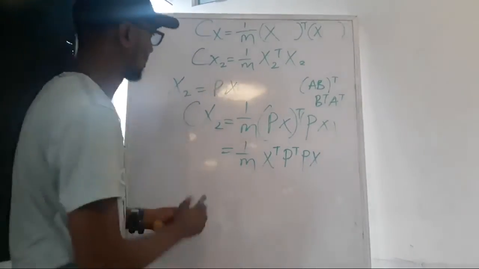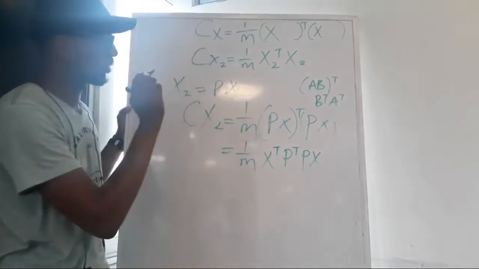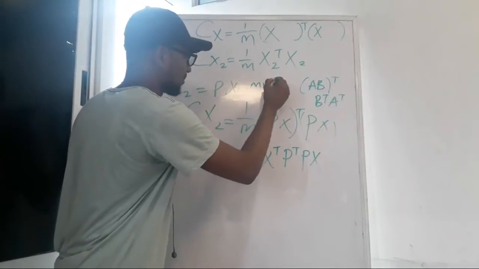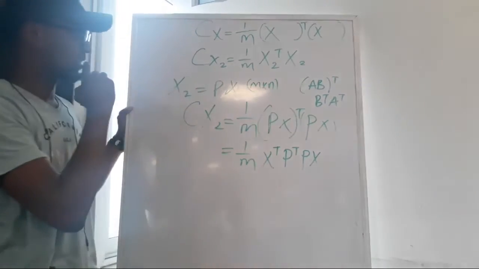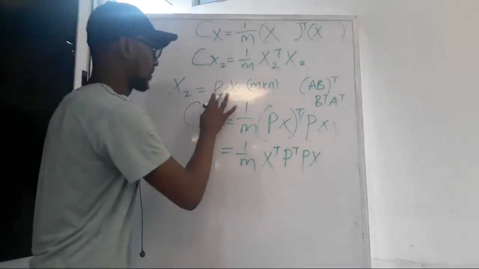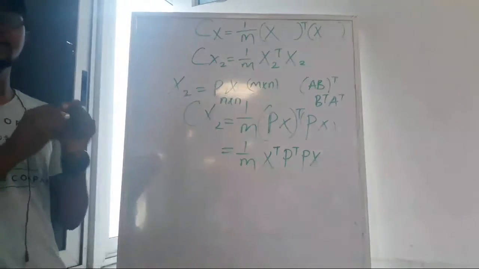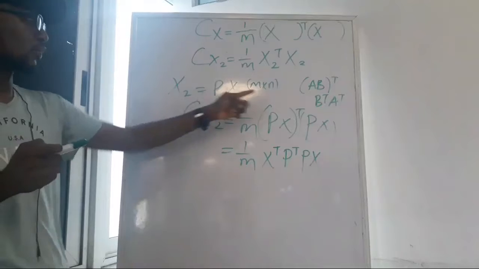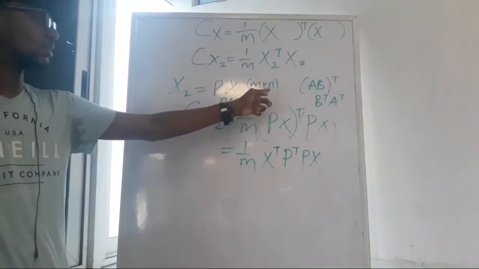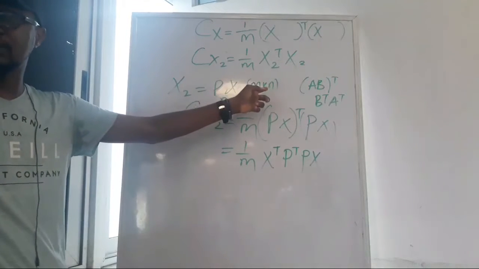X is of shape m by n, right? P is of shape n by n, because we have n features.